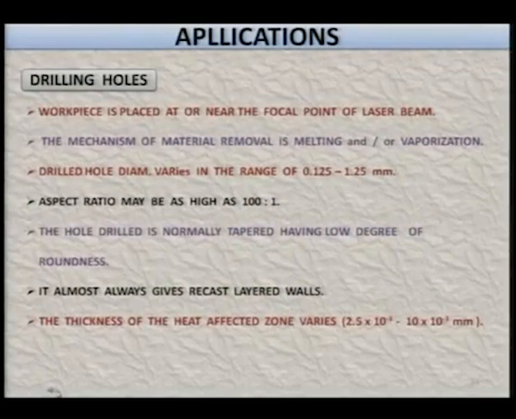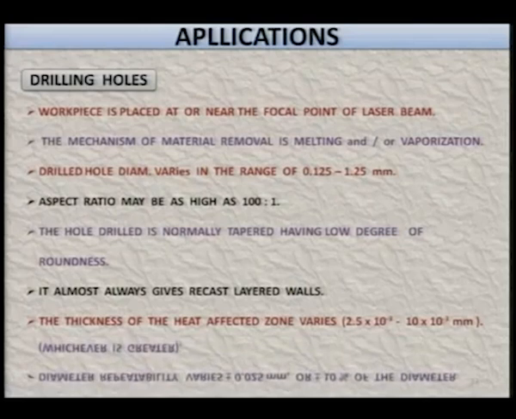The thickness of the heat affected zone varies in the range of 2.5 to 10 micron, and this can be controlled with the help of various laser beam machining parameters.